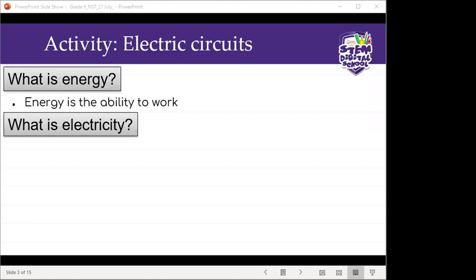Okay, just repeat that for me. A current that is used to make electrical appliances work. So it's a current that is used to make electrical appliances work. Beautiful. Thank you very much, Kia.